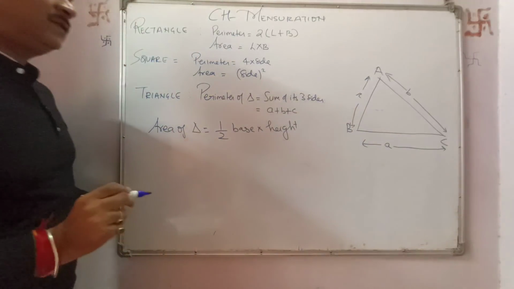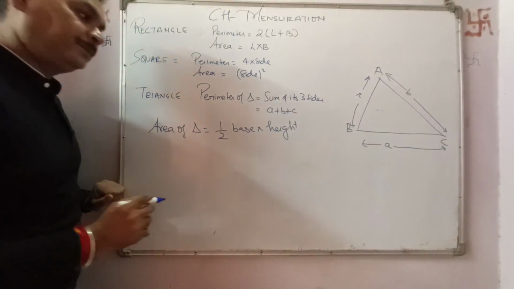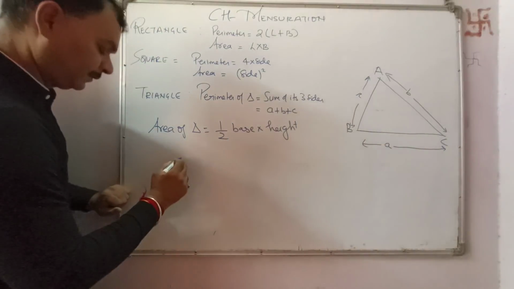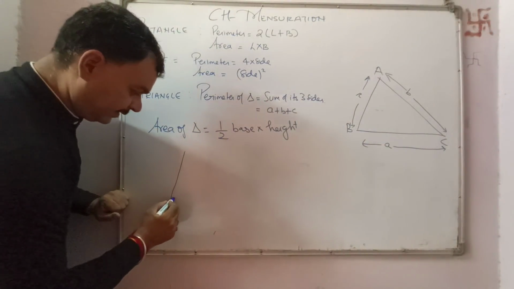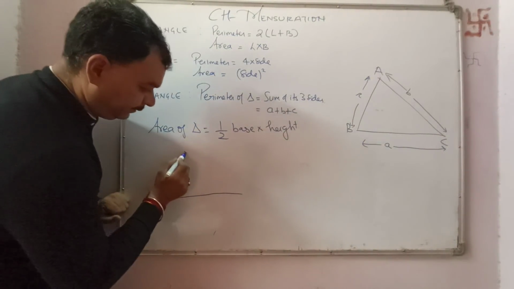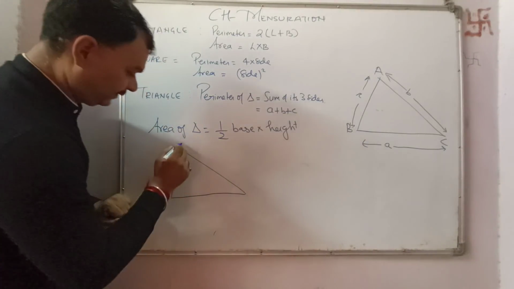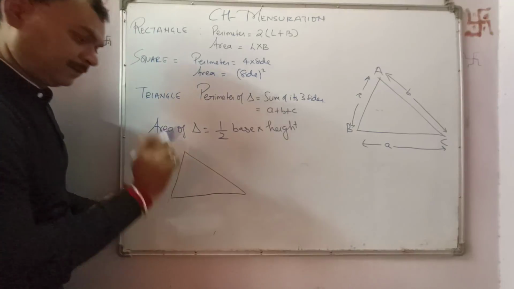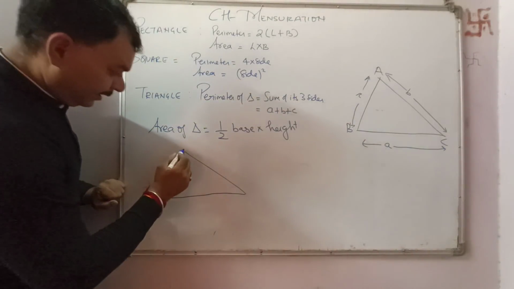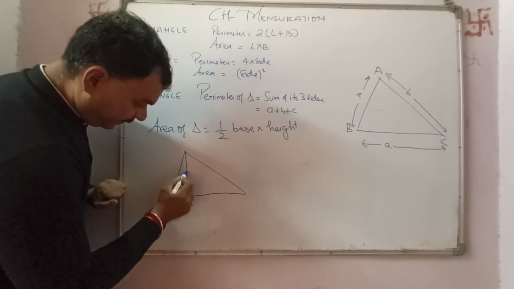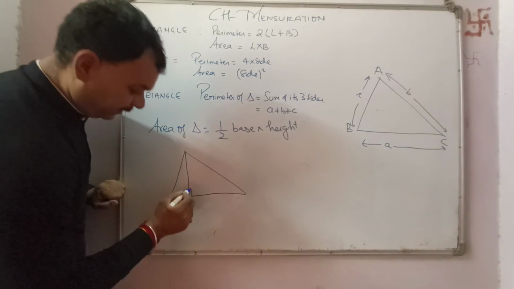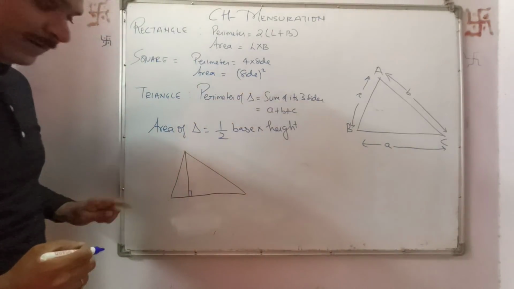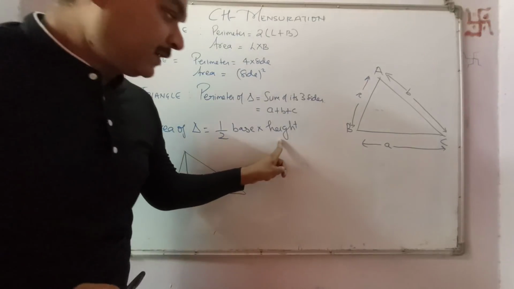Here some of the students have a problem. Say I have taken this triangle ABC. If I draw a perpendicular from this vertex to the opposite side, then what do we mean by height?